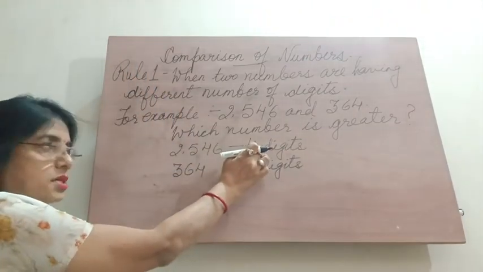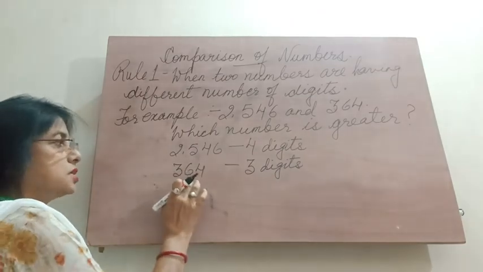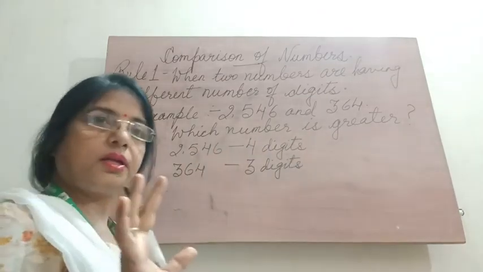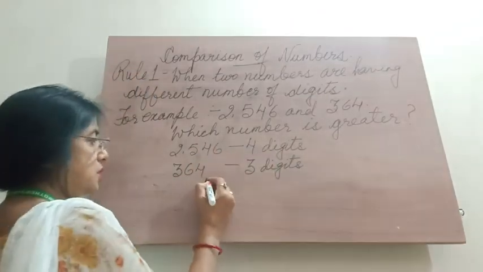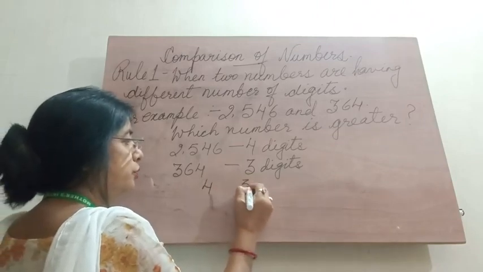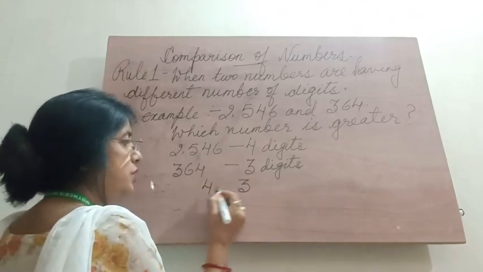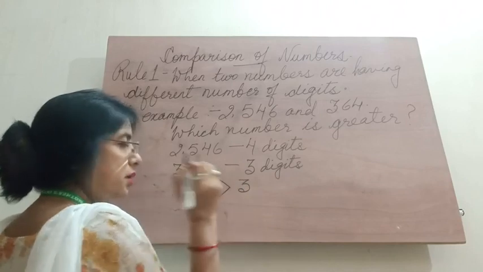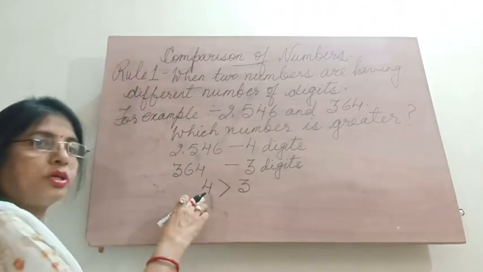So 2546 is having 4 digits and 364 is having 3 digits. Clear to you? So, which number is greater? 4 or 3? 4 is greater than 3. Which number is having 4 digits?